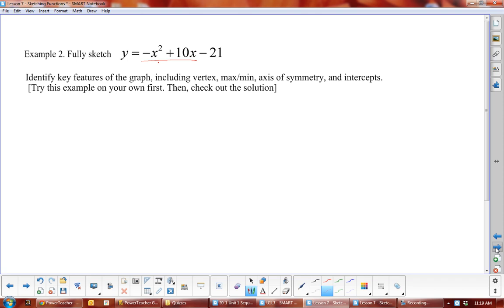So y equals negative x squared minus 10x, and then I always leave some space, and then minus 21 is just hanging out there. No, because I factored out a negative.